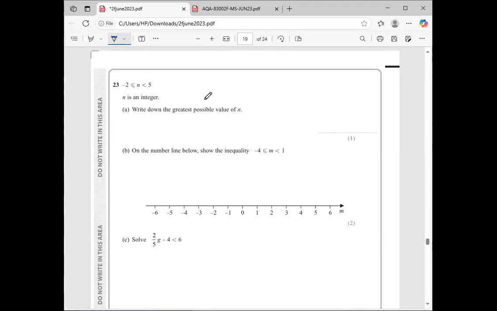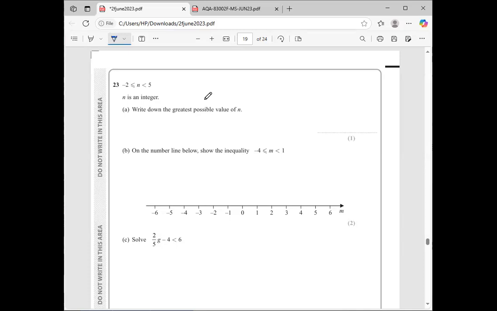Okay, so let's take a look at this. It says, write down, it's an inequality, of course. It says, write down the greatest possible value of n.